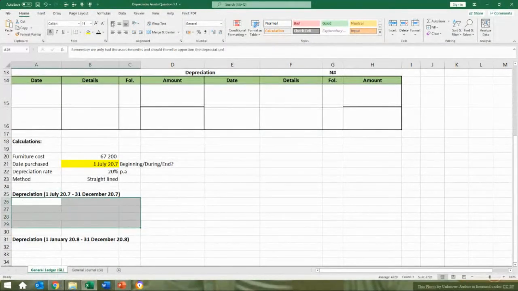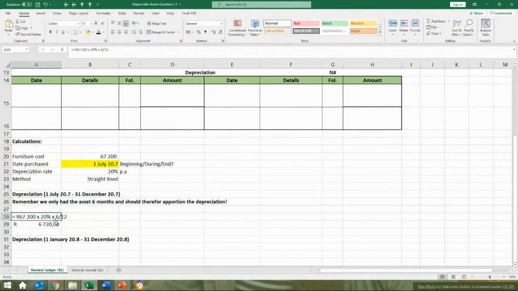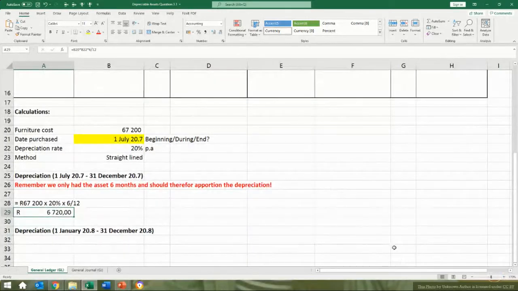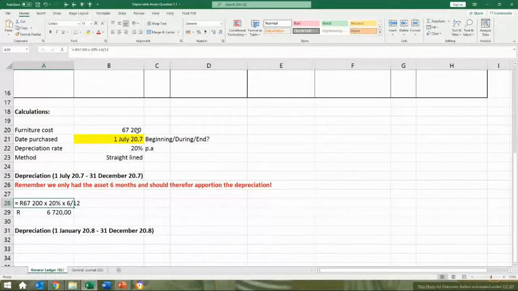Okay, now how do I do that? I'm just going to put this in red just so that you can see it. We take the 67,200, that's the cost.